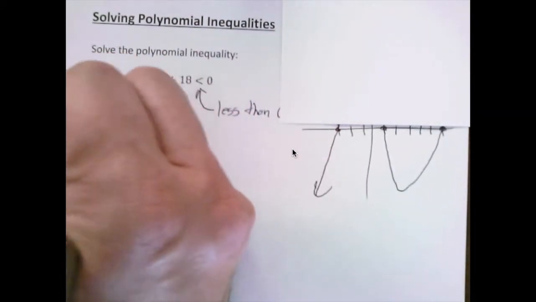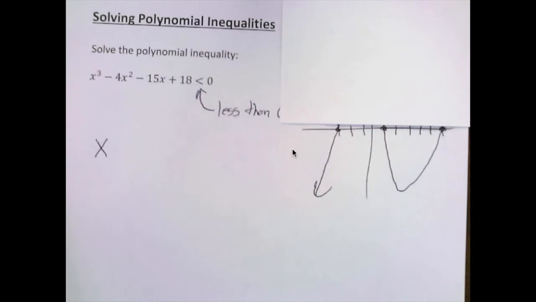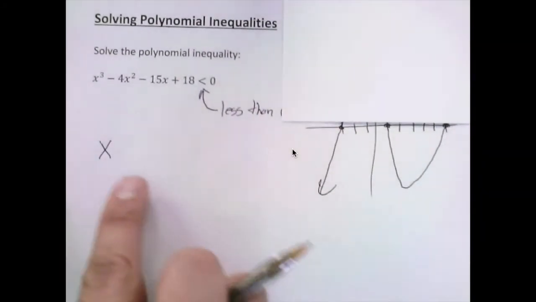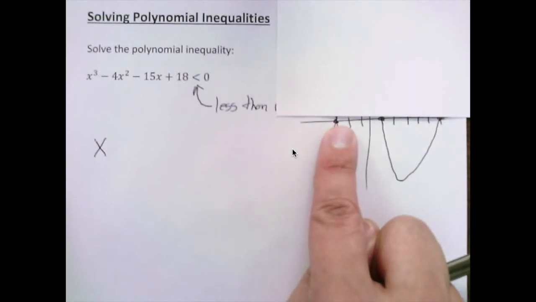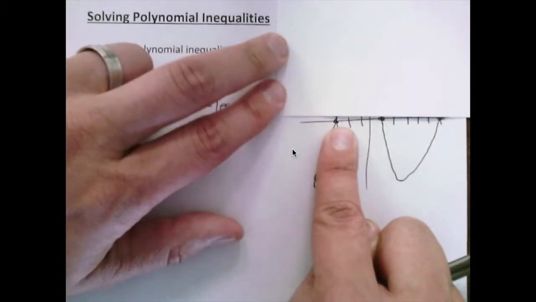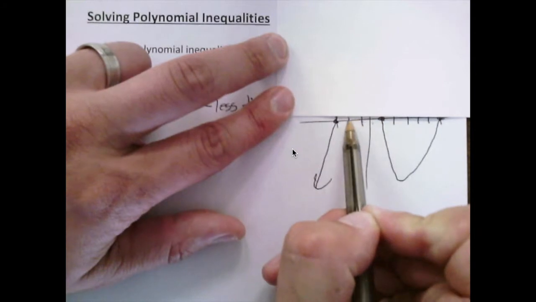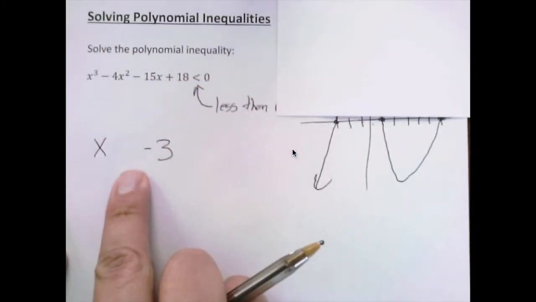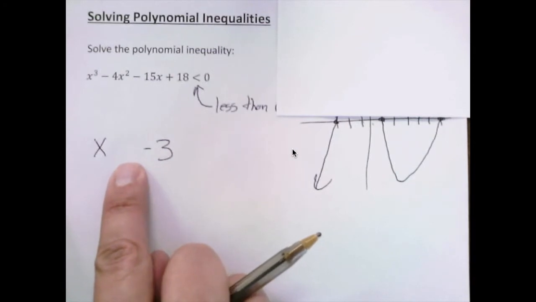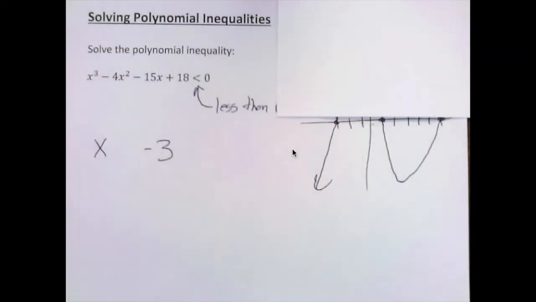Things that we're going to need: obviously we need x, because the original inequality had x. If I'm going to write an inequality, I need a number for reference. The number that we're going to use for reference is the x-intercept. So this x-intercept was at -3. All I have to figure out is what inequality goes in the middle. Now there are 2 ways you could see this. You could use knowing how inequalities work, and then there's a little bit of a shortcut.